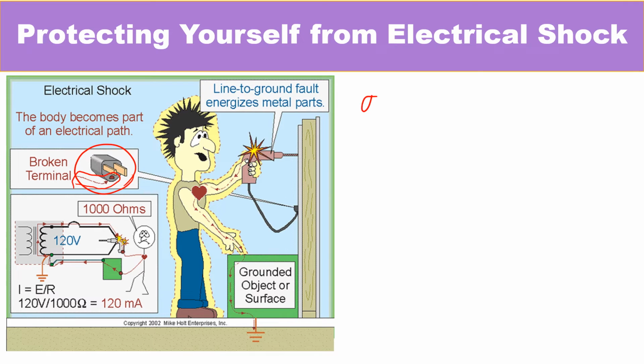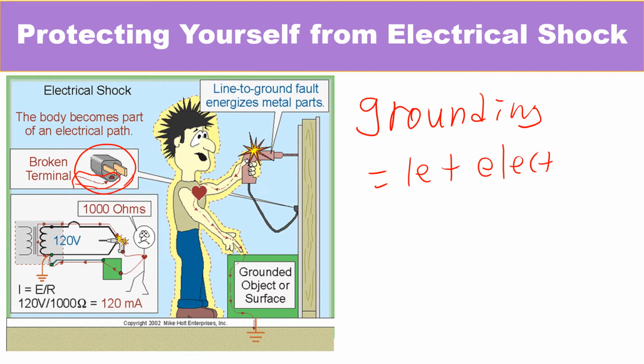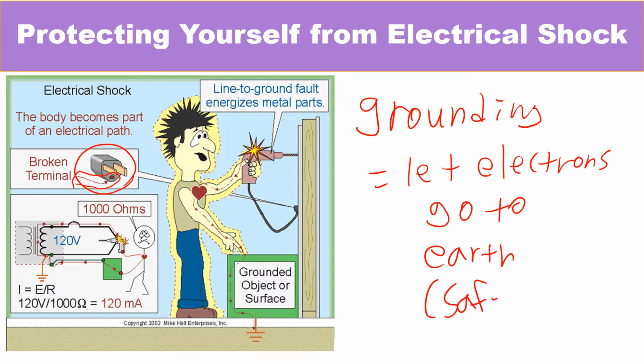Grounding, in electric units or any type of electrician work, is a fancy way of saying let electrons go to Earth safely at one point.